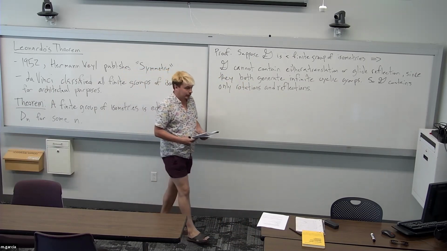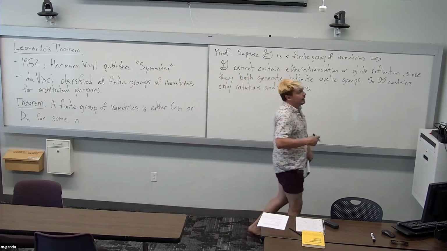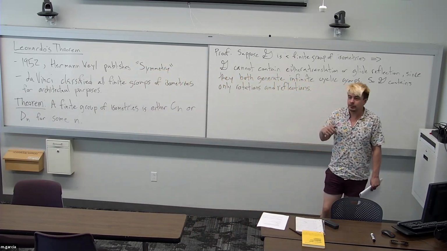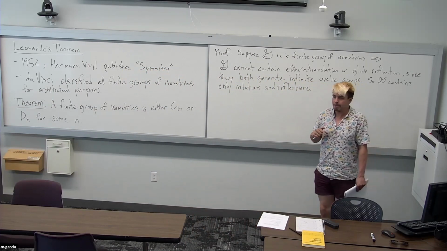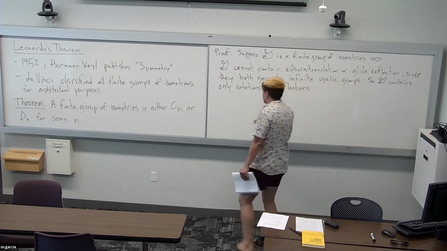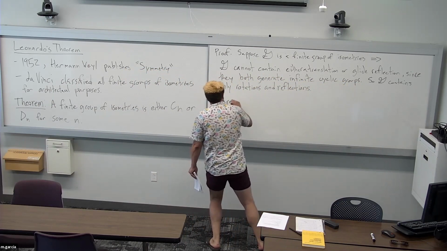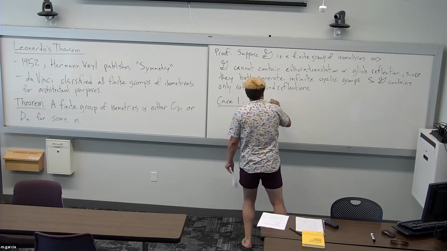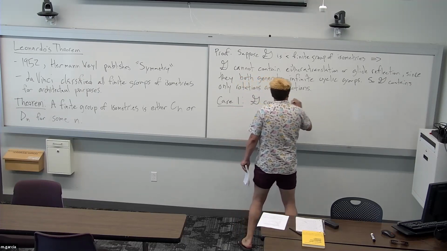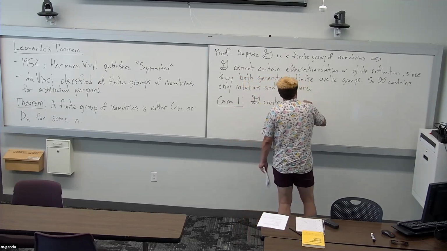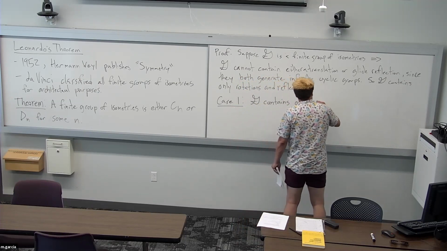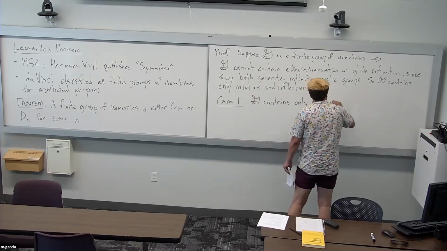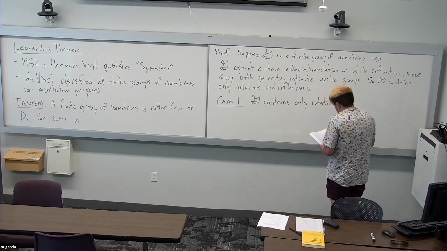And then we'll assume, after that, that G contains at least one reflection. Okay? So, case one. G contains only rotations. Okay.